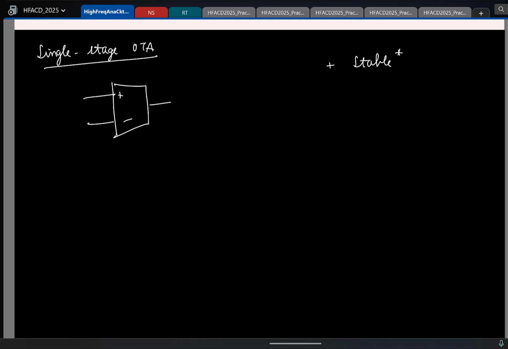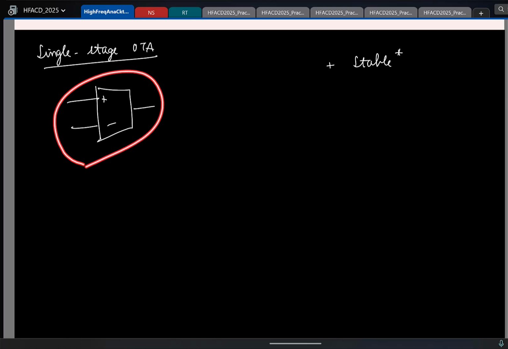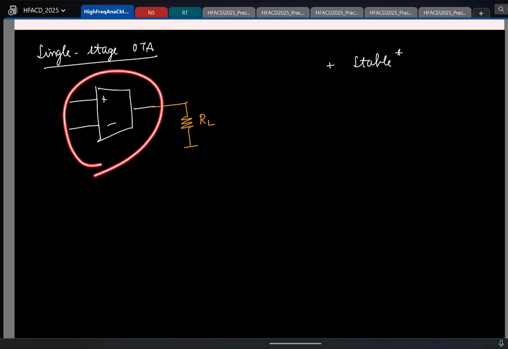So then what's the problem? What do you think might be a downside with single stage OTA? We had already seen earlier what was one downside with using a single stage OTA. Yeah, remember that if I try to use this guy to drive a resistive load, this is going to be a problem, because in our single stage OTA we are trying to increase the DC gain.